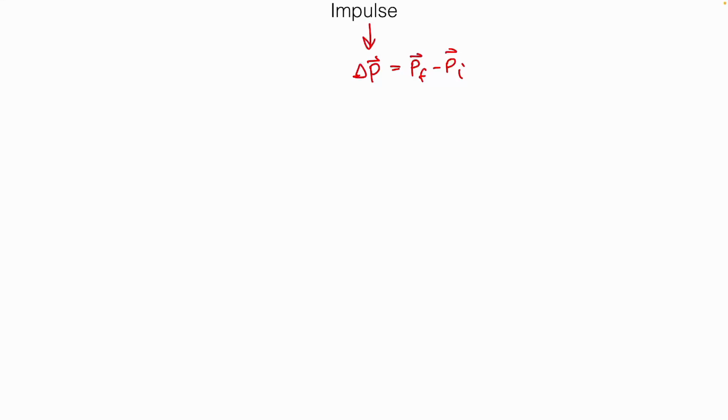So let's take a ball, right? And we'll throw it into the wall, right? Okay? So impulse is a change in momentum. Did the ball's momentum change when it hit the wall? Well, did the mass change because it hit the wall? No, right? Careful. Did its velocity change? The direction did, right?